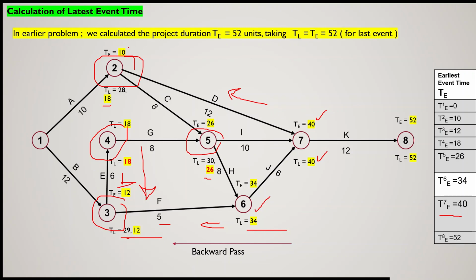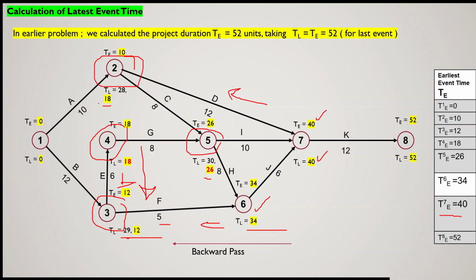Earliest is 10. So that means for the occurrence of event number 2, you have a relaxation time of 8 days. That means if event number 2 occurs at 18 days, your whole project will not be disturbed. Now the last one is event number 1.